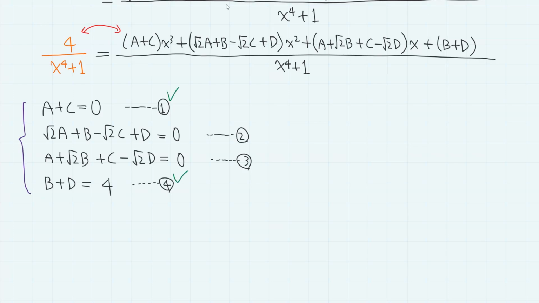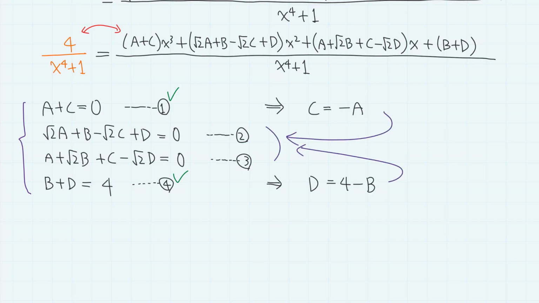Let's start with simple equations because they will easily allow us to reduce the number of unknowns. From equation 1, we have c equals minus a, and from equation 4, we have d equals 4 minus b. Substituting these into equations 2 and 3, from equation 2, we have square root of 2 a plus b plus square root of 2 a plus 4 minus b equals 0.